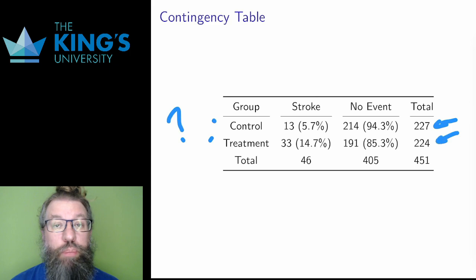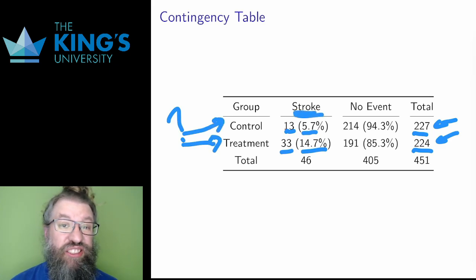So 5.7% is 13 divided by 227, not the whole 451. And 14.7% is 33 divided by 224. That's the correct ratio. What percentage of this group category, not all the cases, just the cases in this group, fall under this 30-day stroke, no stroke category?